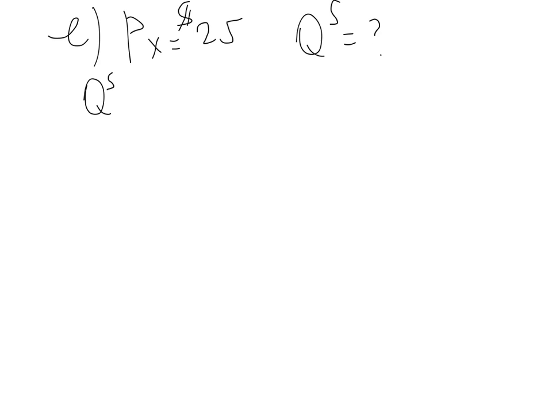E, if the price of good X is 25, if Px is 25, what is the quantity supplied? Show this point on your supply curve. So let's see. Again, our final form of quantity supplied is minus 240 plus 20 px. Substitute for px over here.